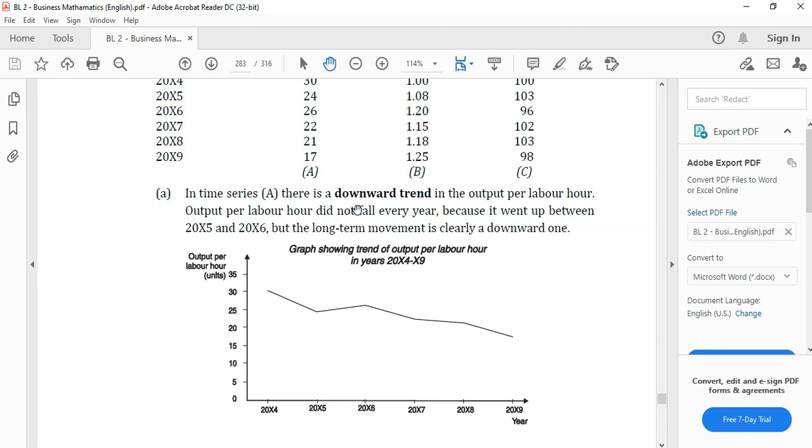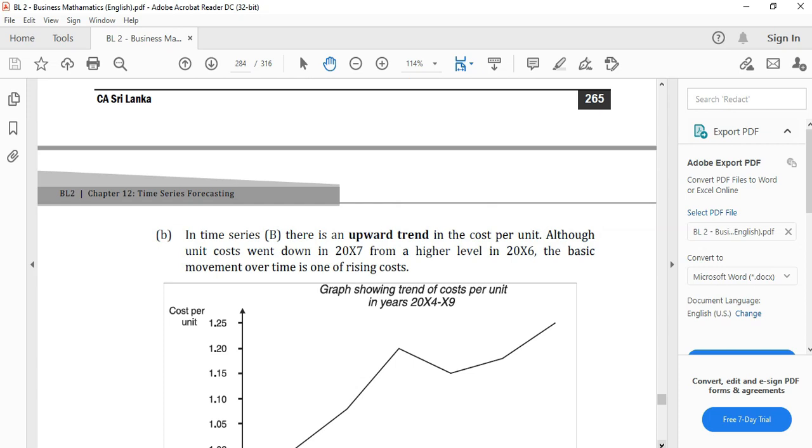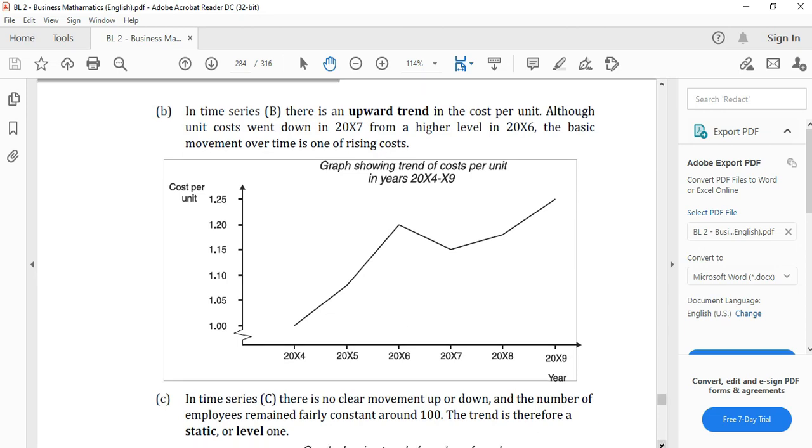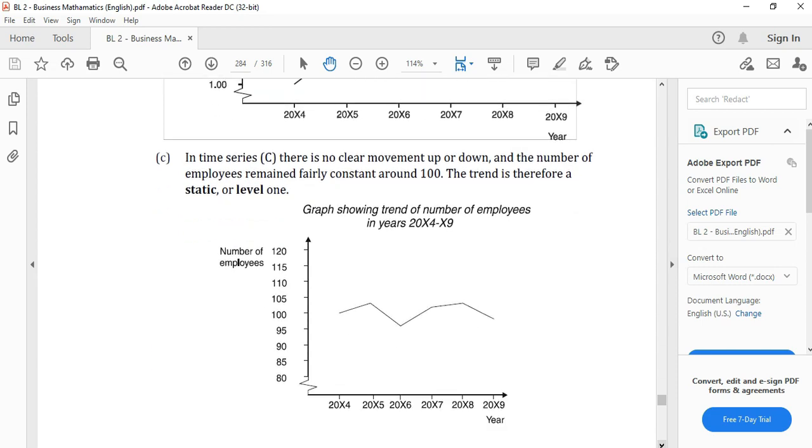And an upward trend is where, as the years are increasing, the cost is increasing, hence called an upward trend. This one is a static, or level trend, where it doesn't slope to any side.